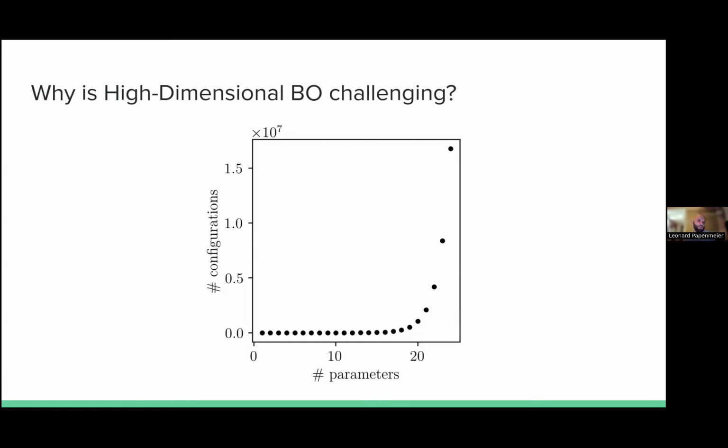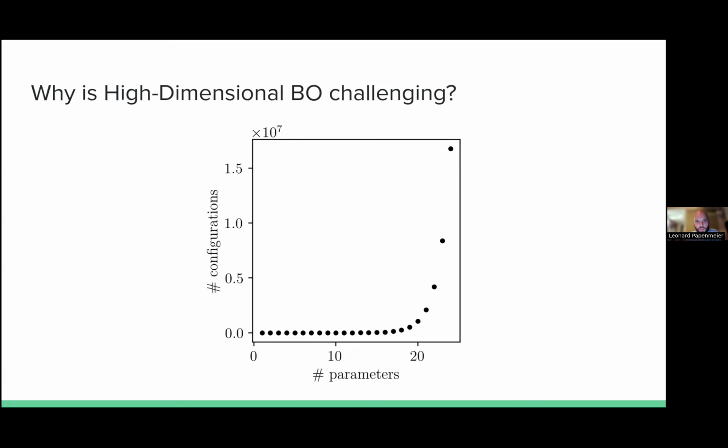First of all, I quickly want to say why high-dimensional Bayesian optimization is challenging. Maybe this is obvious, I'm just going to say it anyway. It's the curse of dimensionality. Say you have a binary problem with a certain number of parameters, shown on the x-axis. Then you have exponentially many more configurations that you can explore.